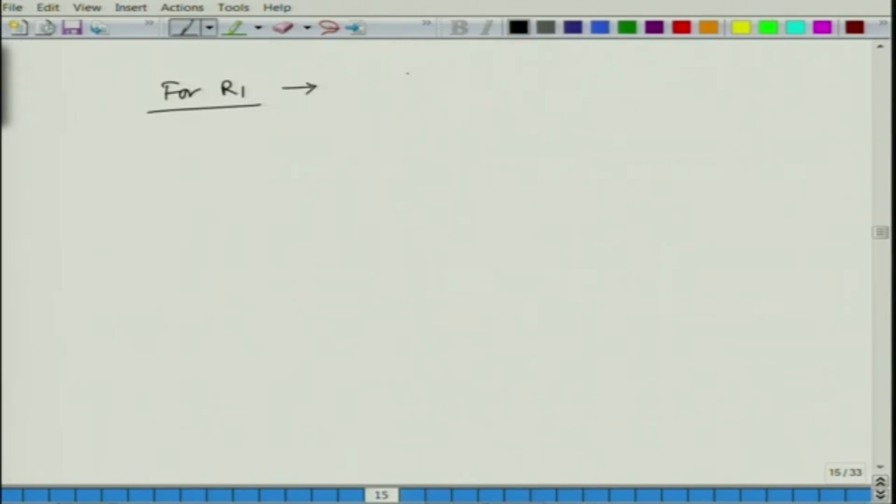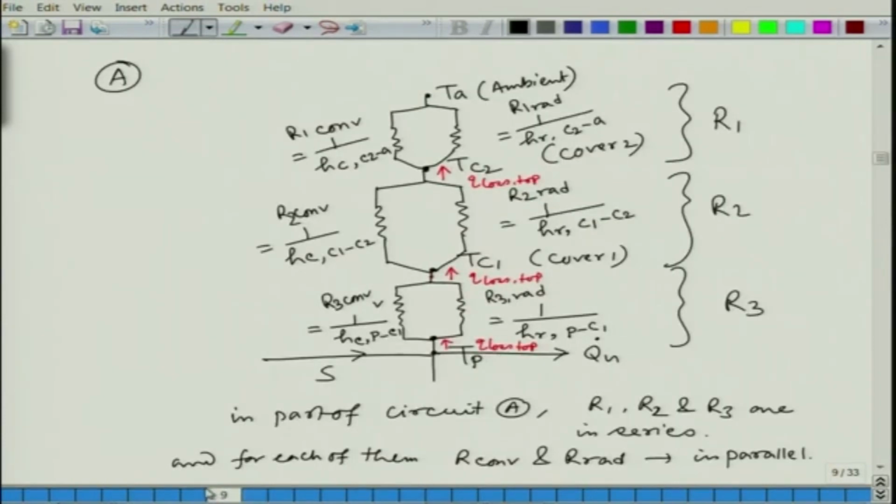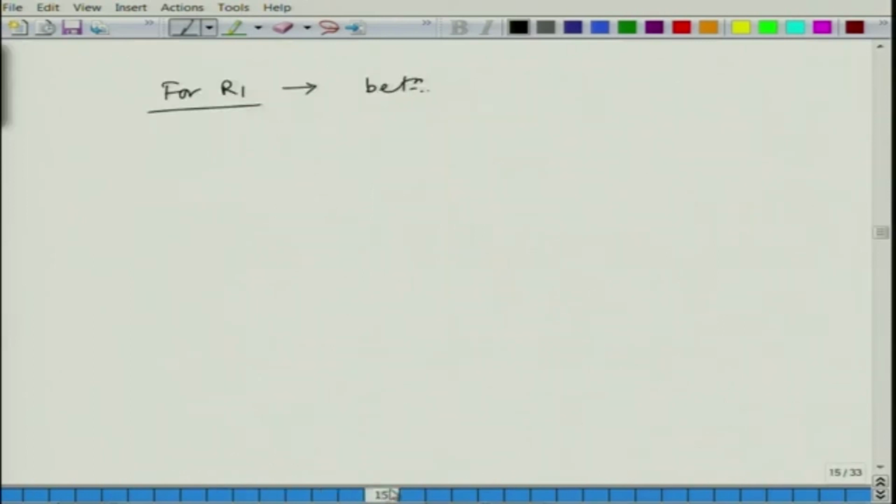R1 is between, let me see the thermal circuit once again. Yeah, here we have R1, which is between the top cover and the atmosphere. So, between the top cover, which we named cover 2, and the ambient.